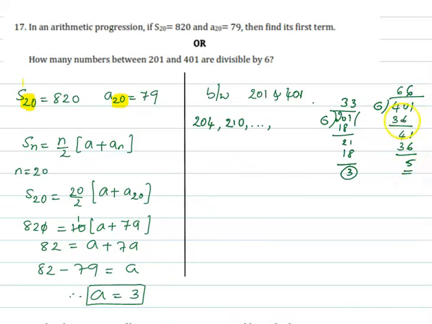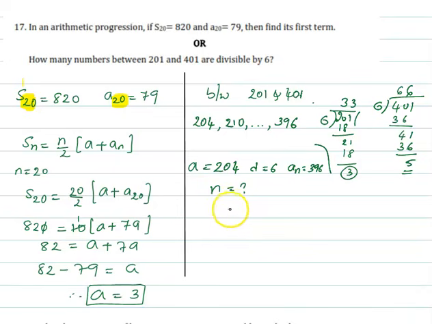So I subtract this 5 from 401, and it becomes 396. So these are the numbers starting from 204 and the last number is 396. Here A is 204, D is 6, An is equal to 396. I need to find out n.